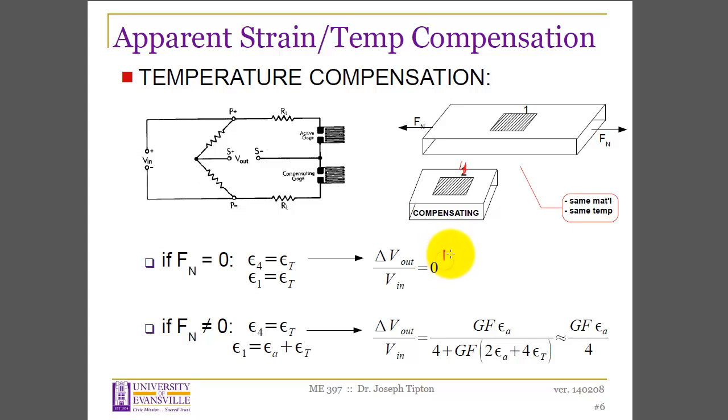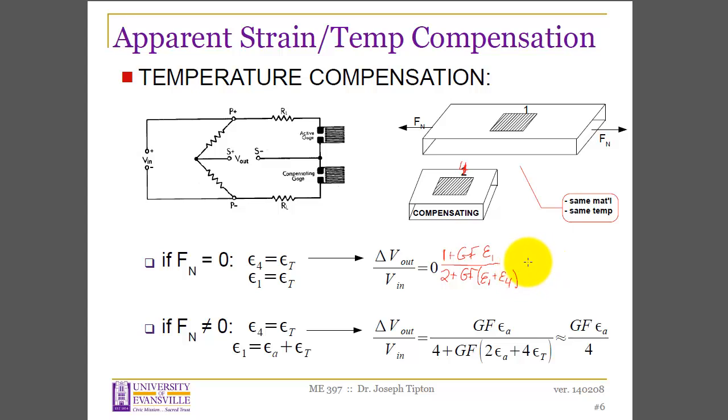Well, in the numerator, I have 1 plus the gauge factor times the strain, I believe, on arm 1 of the bridge. And in the denominator, I have 2 plus the gauge factor times the strain in arm 1 plus the strain in arm 4. Okay.